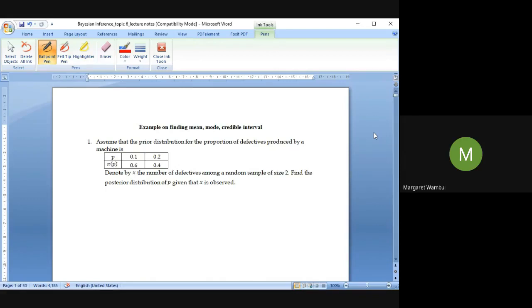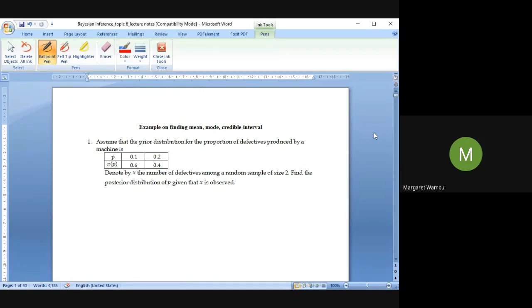Because given that we have to do online CAT, I decided if I give you a CAT up to a certain point, it may be a bit difficult to set such a CAT online, because it might only involve maybe finding the posterior distribution, especially some of the distributions, and you give your answer in terms of the distribution function itself.